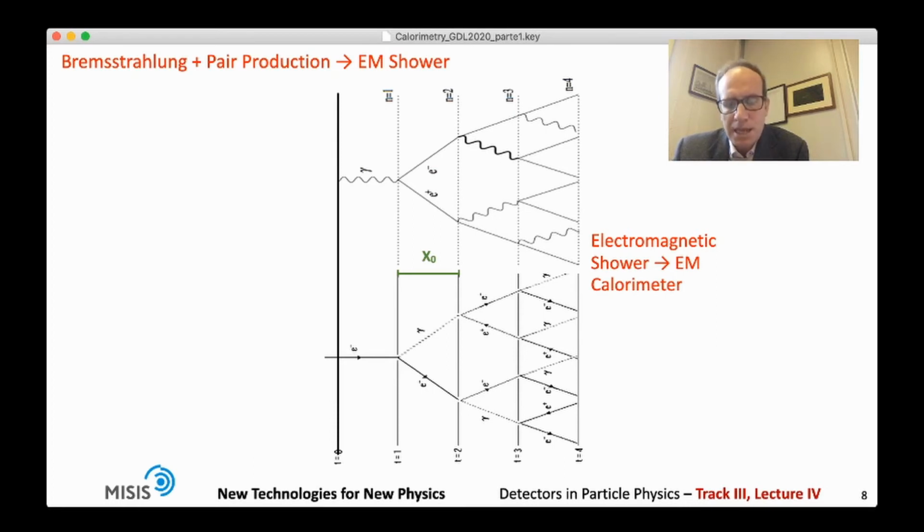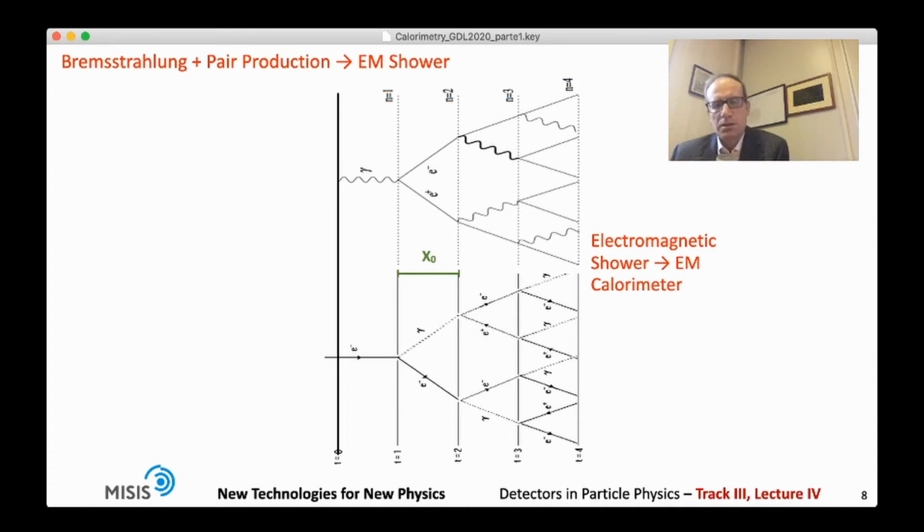And this is the same for the electron in the bottom part of the picture. After 1 radiation length it will produce a photon and an electron, and the electron will produce another electron and a photon by Bremsstrahlung. The photon will produce an electron-positron pair, and so on.